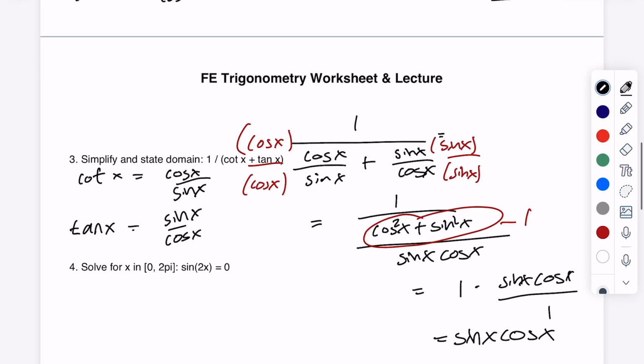Okay, then for our domain, what we need to figure out is where sine x equals 0 and cosine x equals 0.